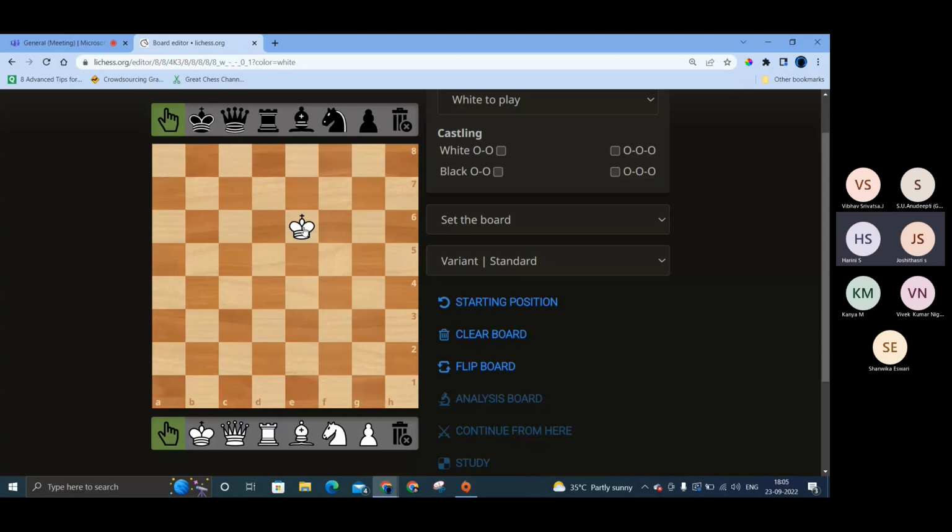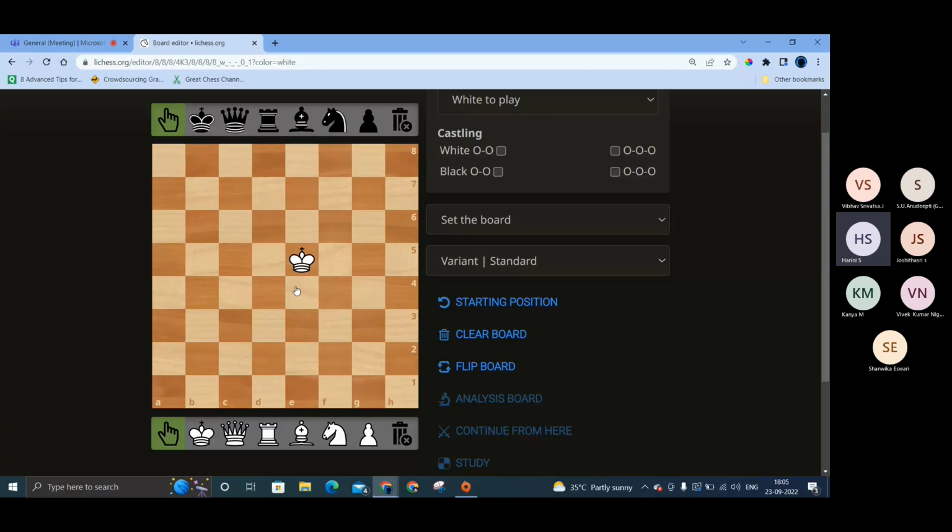The king can move only one step, right? So you have to choose only one square around it. H4. E4. So you point E4. E5. It can move to E5.